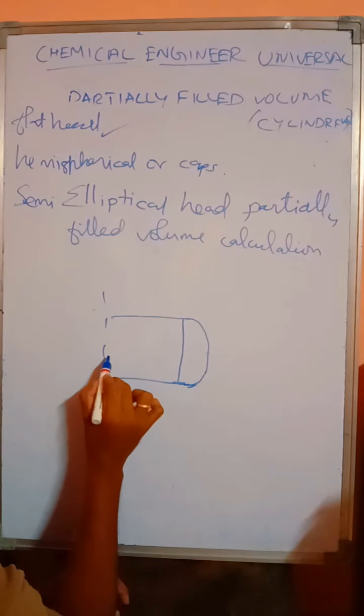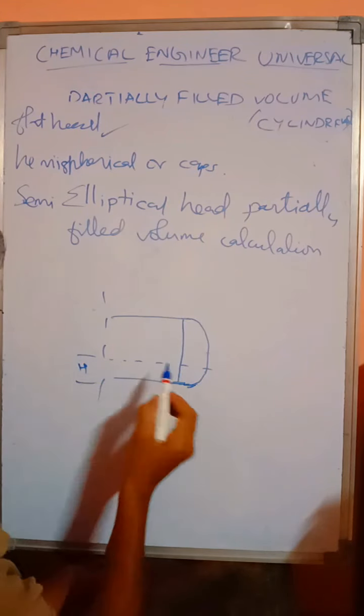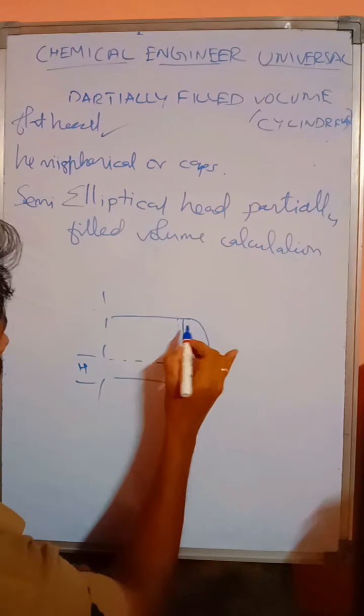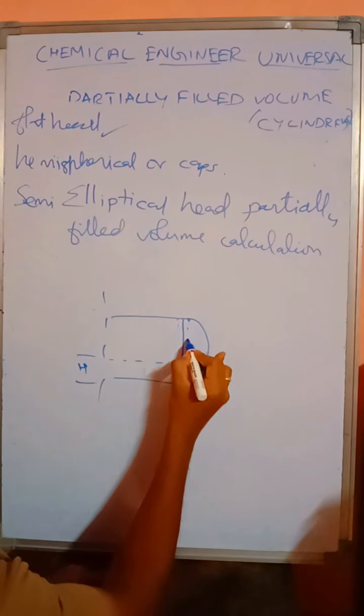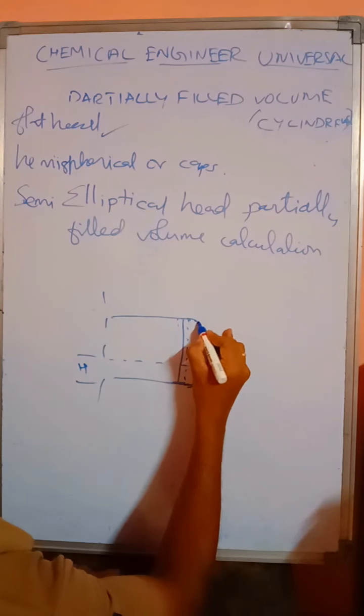So this is the filled volume, take it as H. Okay, for this portion dotted line will be there. This dotted line is for this dia, this curved dia.